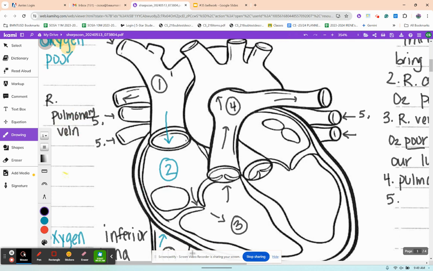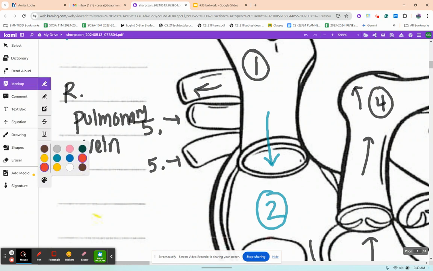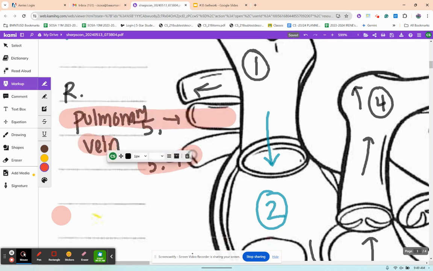So over here on the left, this is our left pulmonary vein. I'll zoom in here. Number 5 is our right pulmonary vein. Right, so at this point, it's returning from our lungs. So this is oxygen-rich blood that it's returning from our lungs back to our heart.